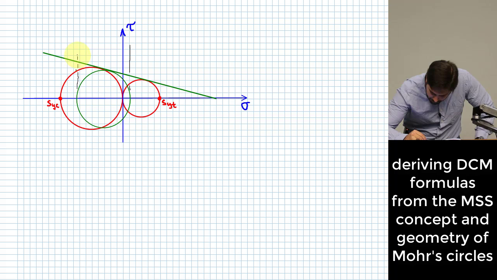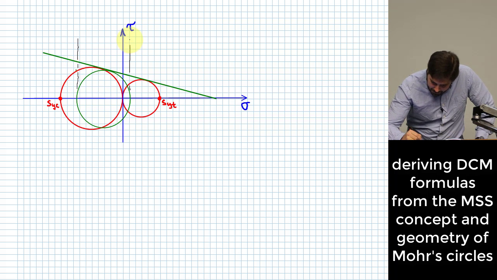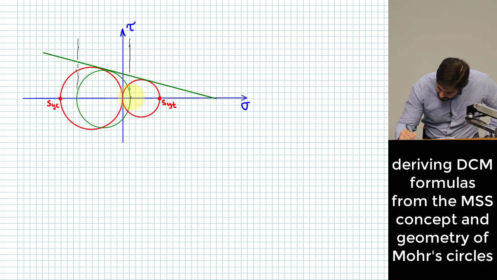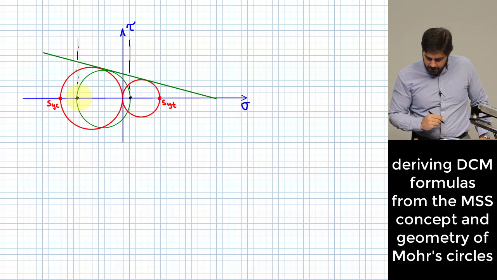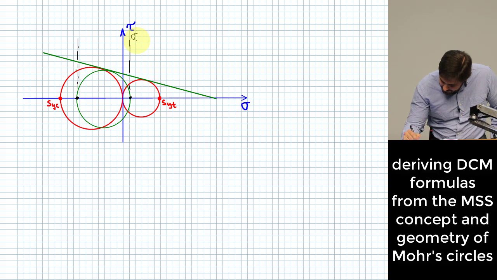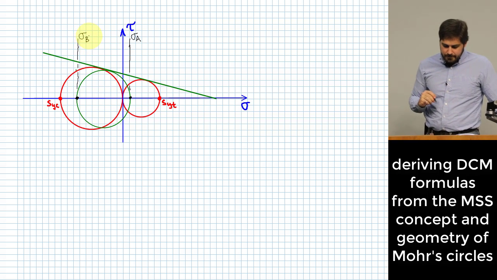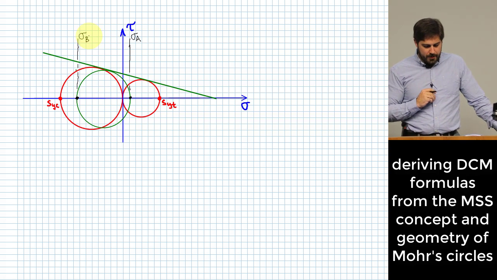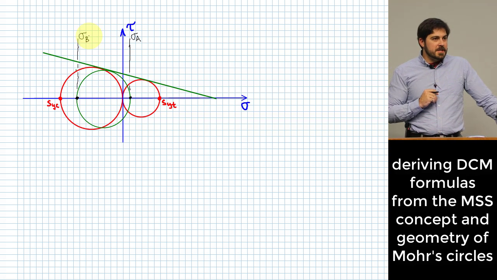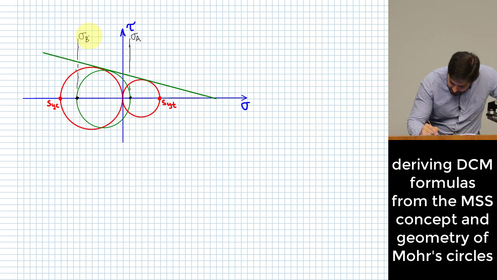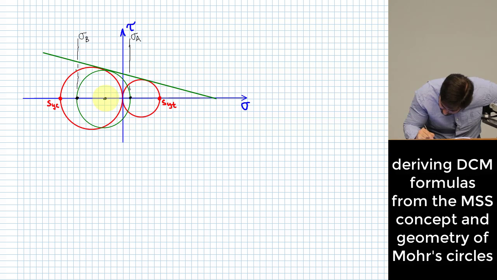So I'm going to mark those up top and indicate that the coordinates of where these principal stresses happen are at these two locations. I'm going to call this one sigma A, and this one here I'm going to call sigma B. Okay, halfway in between sigma A and sigma B is the center of the circle. Right, so I'm going to put that on here as well. Say here's the center of my circle.